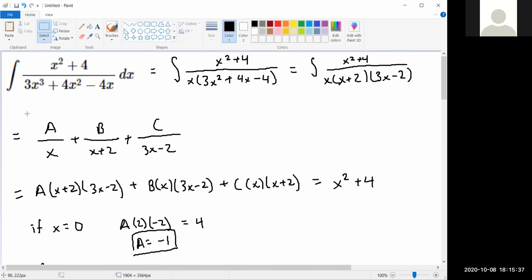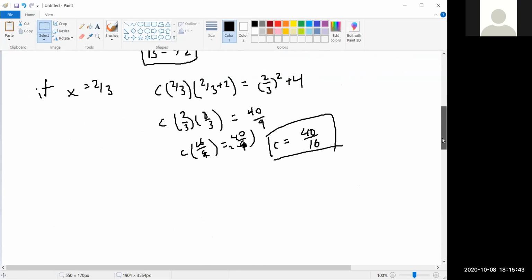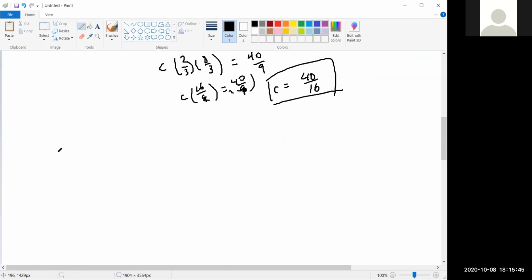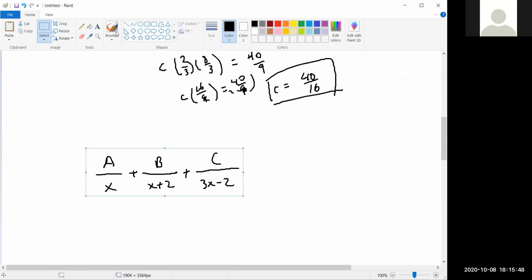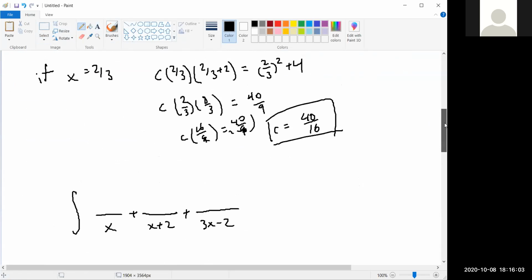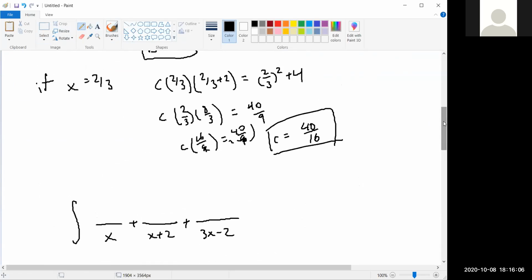So that means our original integrand reduces to the following 3 fractions. So a was -1, b was 1/2, and c was 40/16.